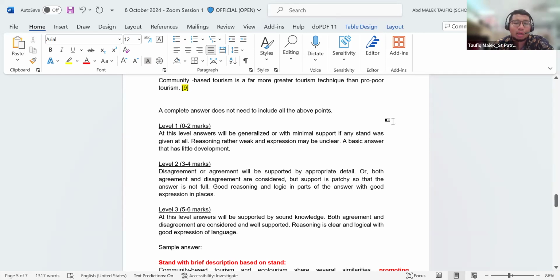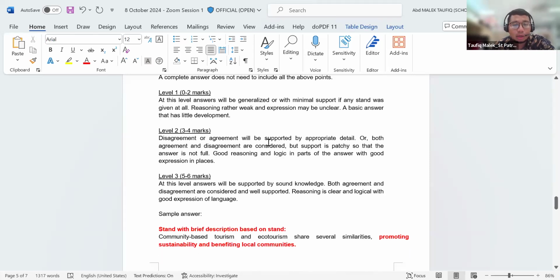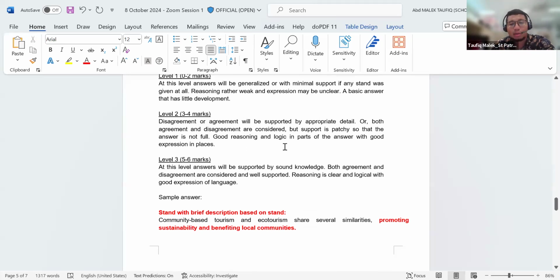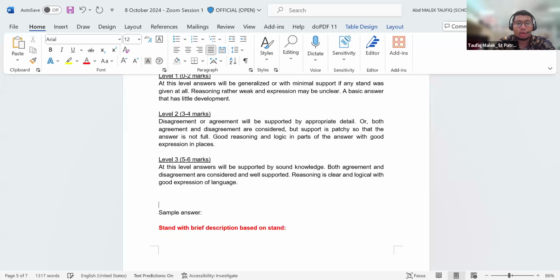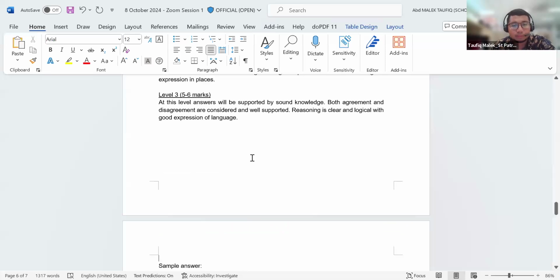So you just give me a stand or state and definition. Not much things. Okay. Level 2 mark, okay, we will be able to give me an agreement or disagreement. Okay, so you are able to provide both agree and disagree. But your SDE, SL is not so strong. Okay, and then of course the level 3 mark is of course the best. Okay, so let me go through the sample answer, so that everybody knows what is happening.